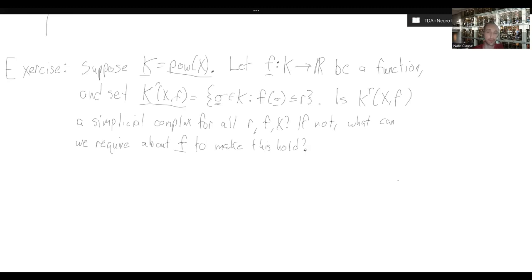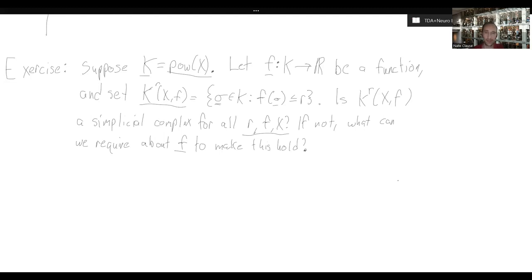Is K to the r of X, f a simplicial complex for all possible r, f, and metric spaces X? I'll give you a hint. If I'm having to ask the next question, the answer might be fairly obvious. But if not, what can we require about f to make this hold?